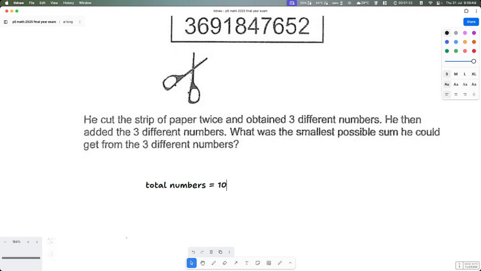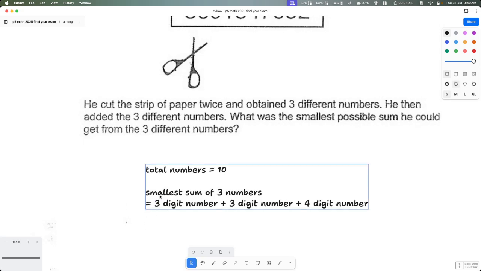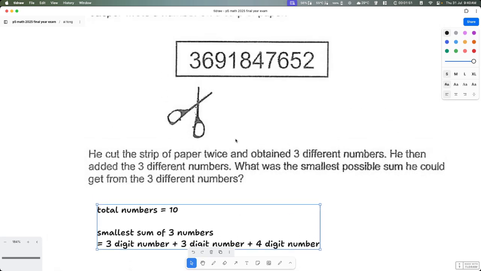Okay, so to get the smallest sum of 3 numbers, we need to have a 3-digit number, right? Plus 3-digit number plus 4-digit number. Anything more than this will be very, very high. And at the same time, he cut the paper twice.